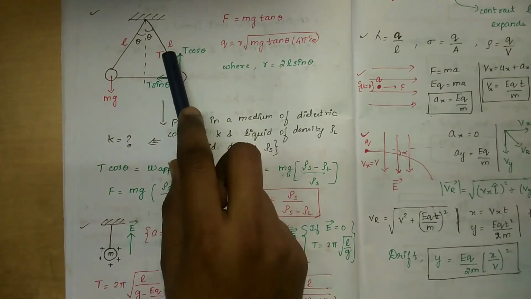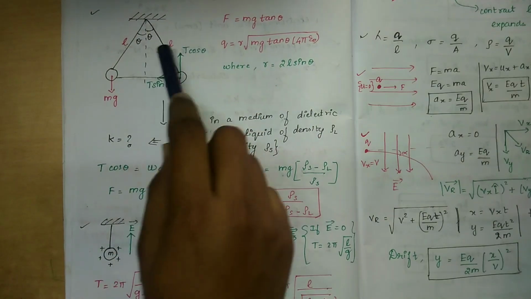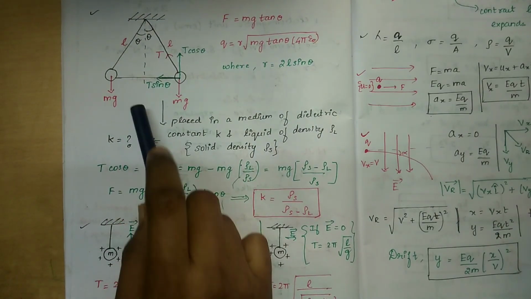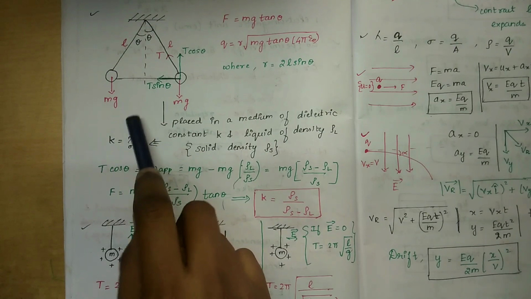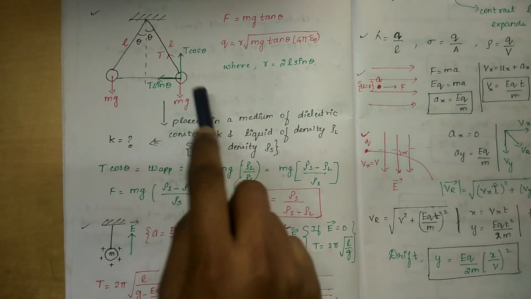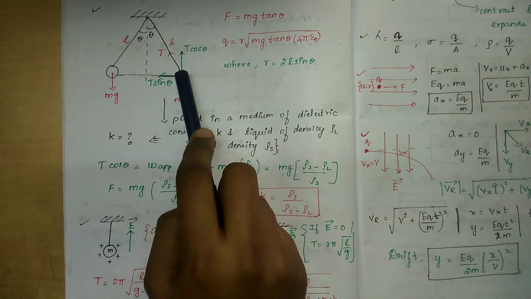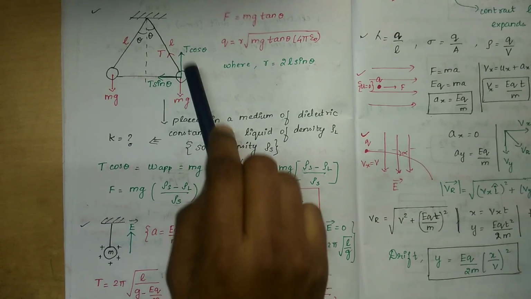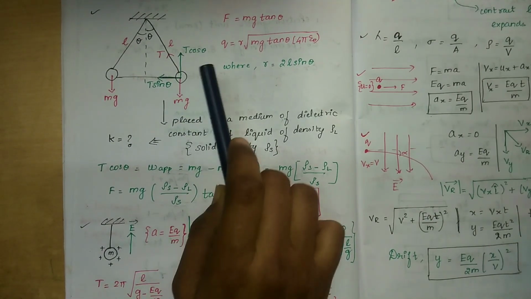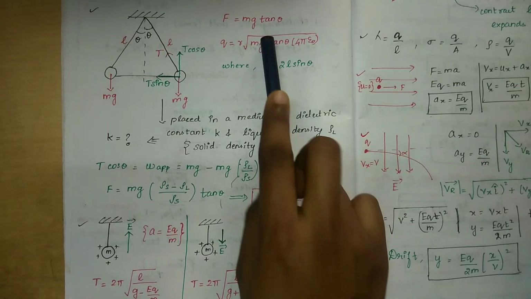Then simple pendulum, consider it is oscillating likewise. The force due to gravity is mg, and the tension acting in the wire is resolved into two components, T cos theta and T sin theta. What is the force? It is mg tan theta.